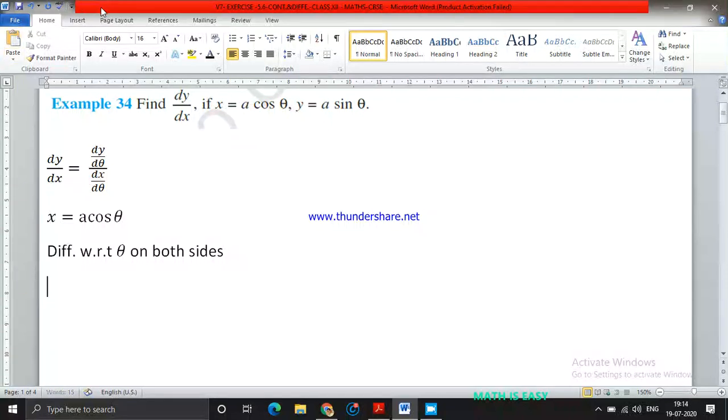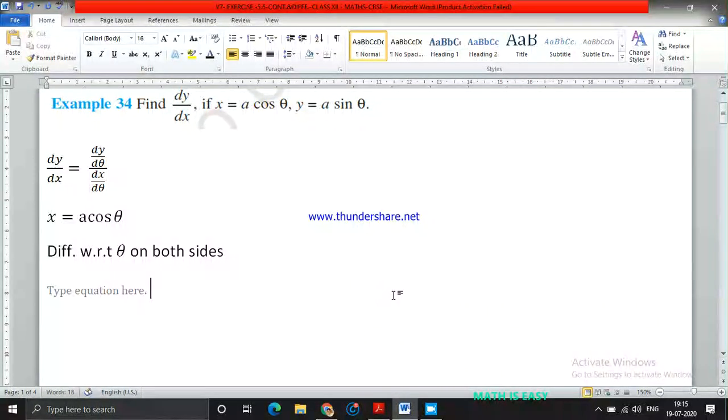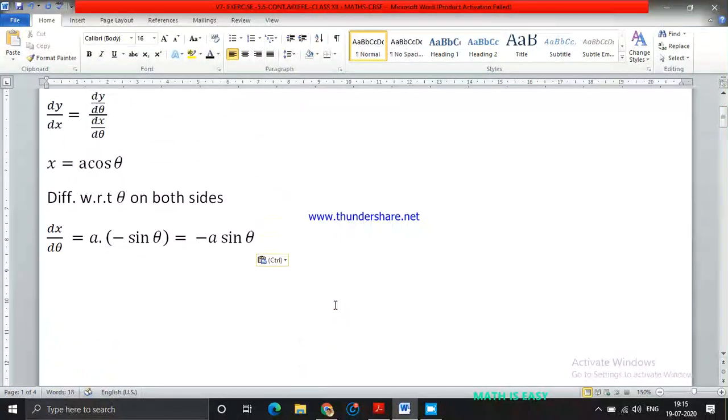On the LHS, differentiating x gives dx upon d theta, equals a into the derivative of cos theta, which is minus sin theta. In the simplest form, this is minus a sin theta. This is the value of dx by d theta.